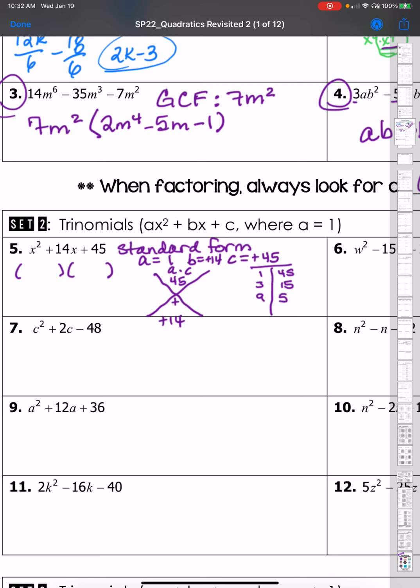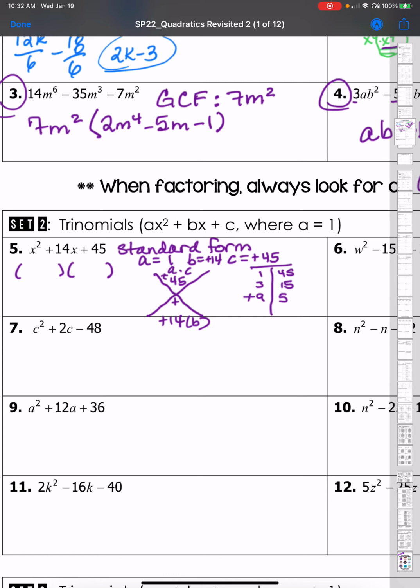Now we need to look at the signs. A times c is positive, and our b is also positive. So that means that if we're going to multiply 2 numbers together to get a positive 45, then it has to be either a positive and a positive or a negative and a negative.